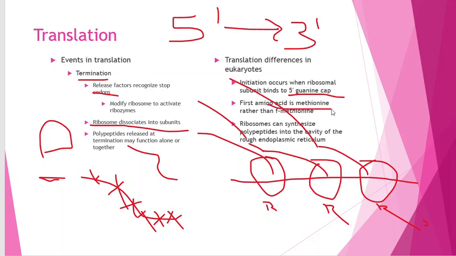The first amino acid is methionine instead of F-methionine. And remember that we have some ribosomes on the endoplasmic reticulum, and they can feed the protein into the inside of the rough ER.